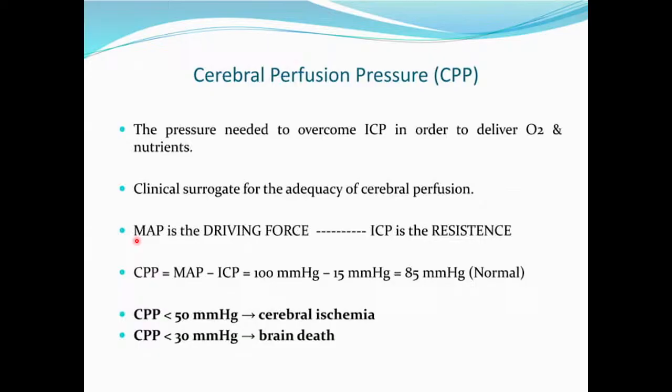Otherwise, less than 50 will lead to cerebral ischemia, and less than 30 is brain death. These changes are irreversible. We cannot reverse it after 5 minutes of CPP less than 70 mmHg.